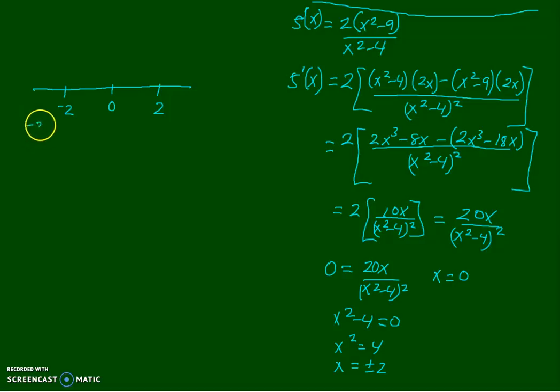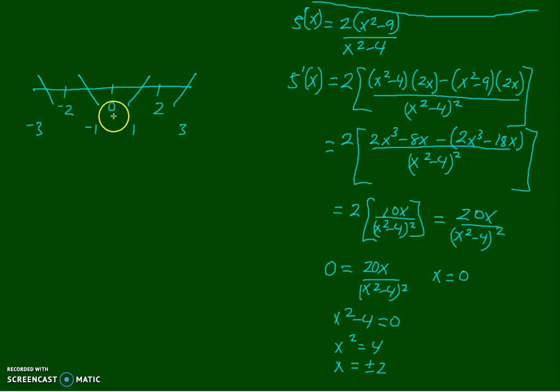Test values will be -3, -1, 1, 3. When we evaluate our first derivative at these test values, f prime of x at -3 is negative, -1 is negative. So you can see that -2 is not a minimum or a maximum. At 1, our first derivative is positive, and at 3, it is positive. So 2 is neither a minimum or maximum.